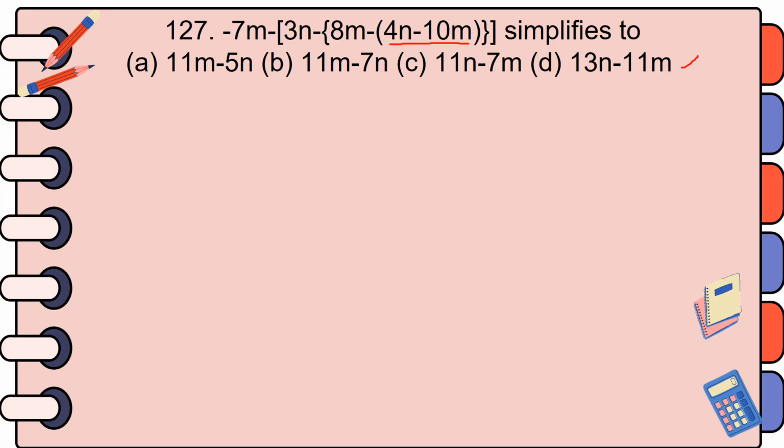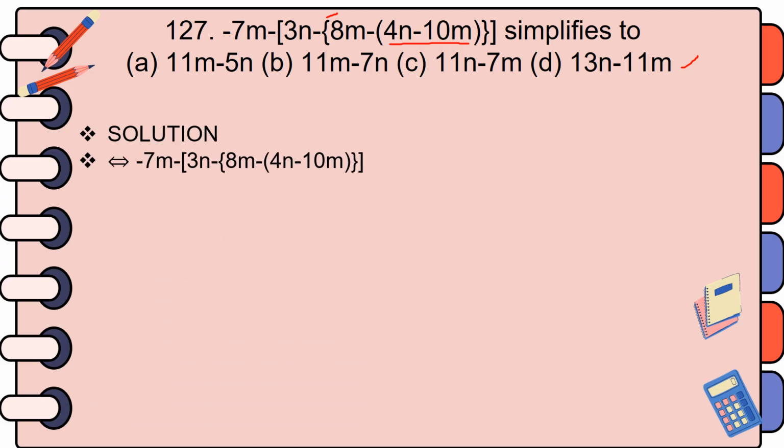Then after, values in a brace will be the next one to be performed. And lastly, values in a bracket will be performed. To get the value for this equation, first we will start with values in a parenthesis.